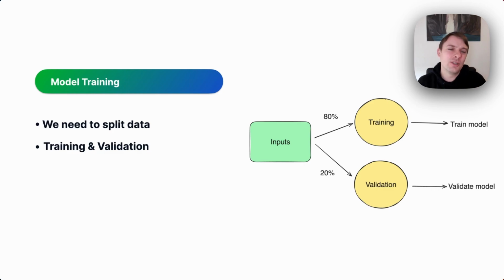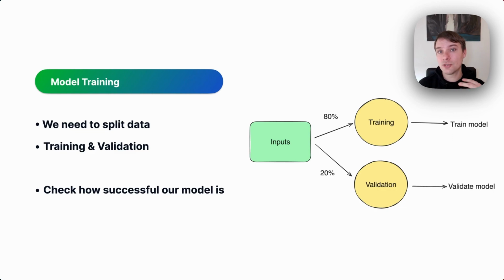Usually a good ratio is 80-20, but you can adjust that to your needs. In our case, we'll be using 80% of the data for training and 20% for validation. In the end, we check the success of our model, and this is those 95% that we've talked about, or above, that we want to strive for.